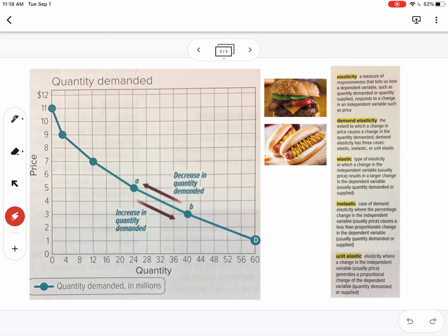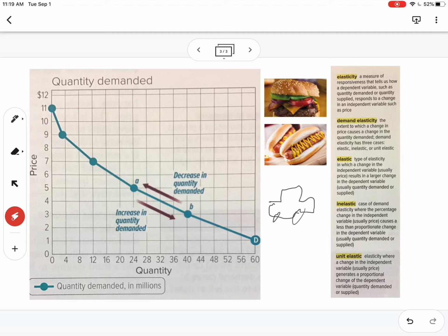So if you made $20,000 a year, your demand for an expensive car is not going to be very high because you can't afford an expensive car. But if your income goes up to $100,000, all of a sudden you can afford this $40,000 car, right?